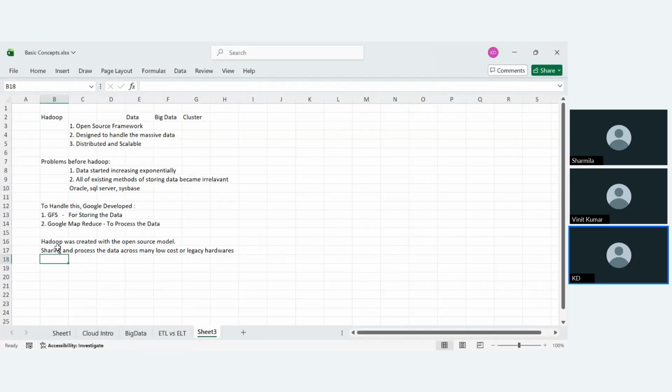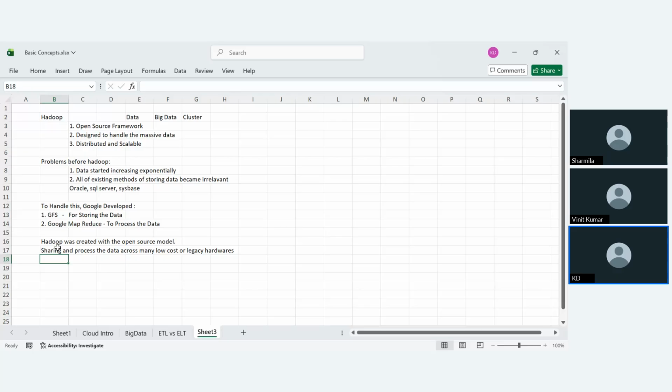When GFS and MapReduce were done from the Google side, they had a lot of limitations. Because of that, at least GFS did not get that popularity, but MapReduce got much popularity. With some independent network users, the developers, I guess, were Doug Cutting and Mike Cafarella.